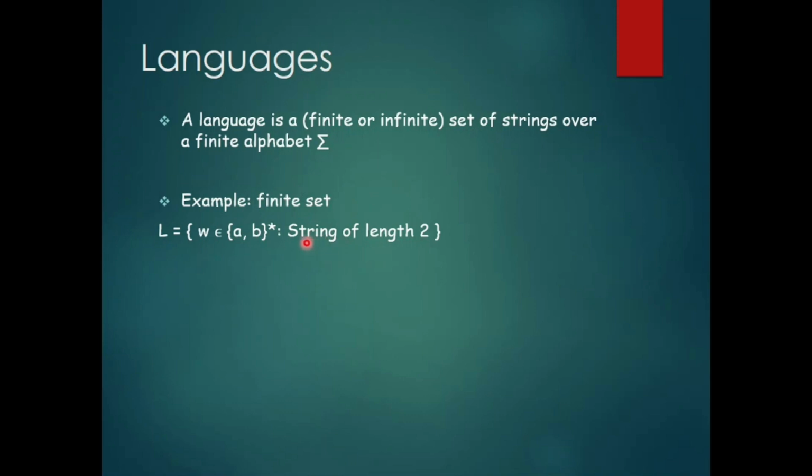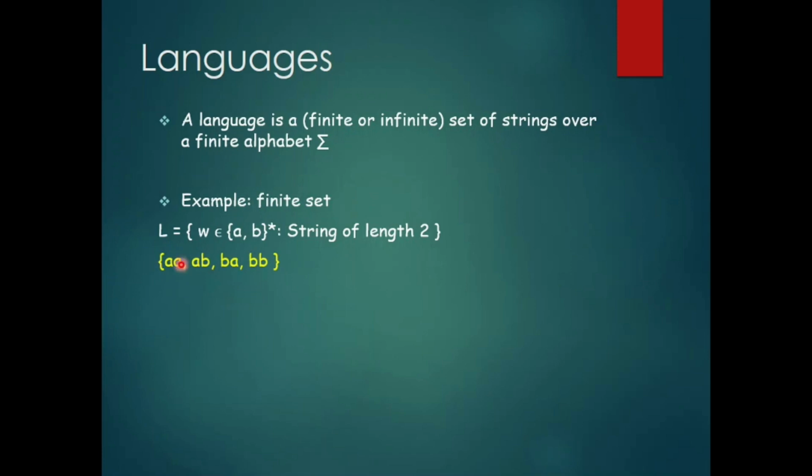On the right side I have the definition for the language. So what does this definition say? String of length 2. So a string can be made up of any combination of A and B, but the valid string belonging to the language should be of length 2. So what can be the answer for this?